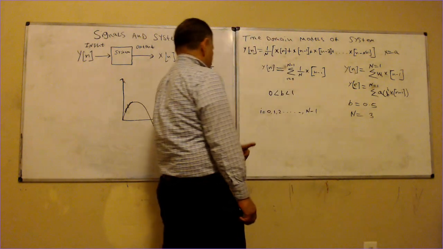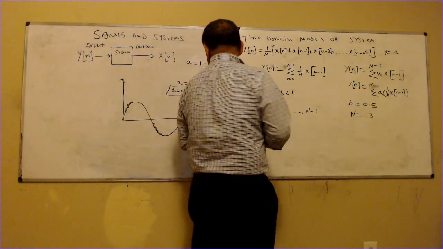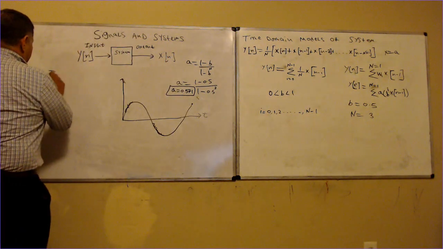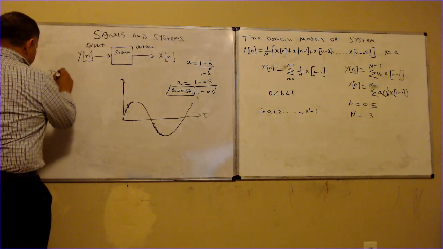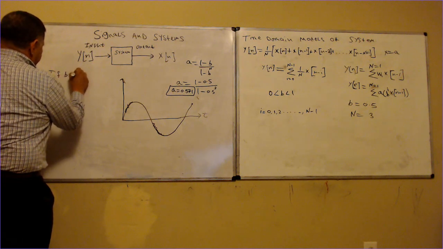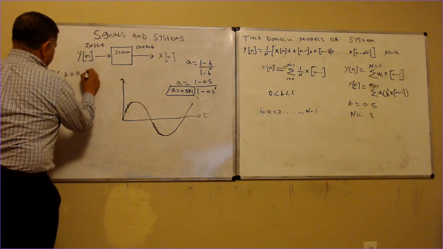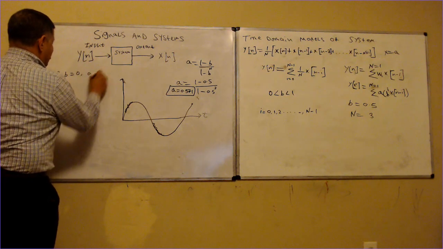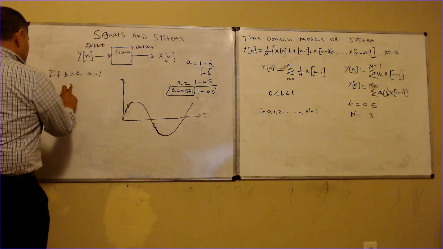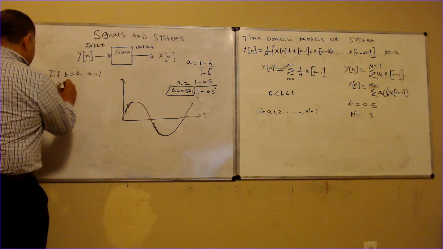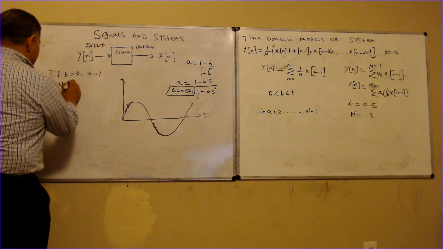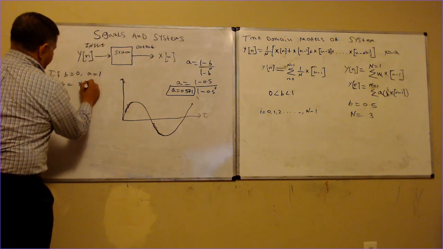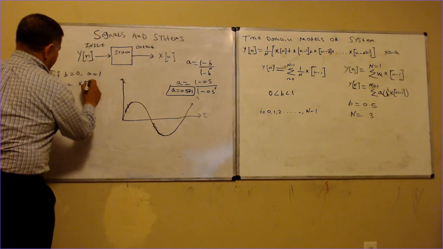Now, if you think about this, if a is equal to 0, b equals 0, and if b is equal to 0, a equal to 1, then a times b is equal to x of n.